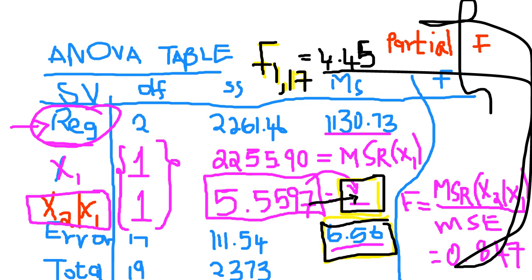Based on your F calculated, which statement is true between the null and the alternative? Or maybe before I go to that, what is your decision here? Are you rejecting what the null hypothesis is saying, or are you failing to reject what the null hypothesis is saying?